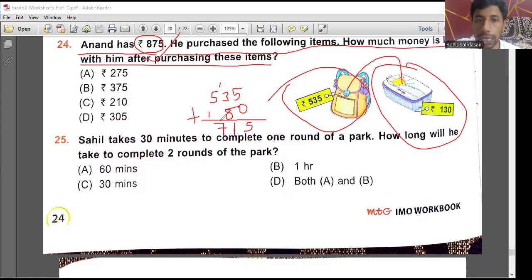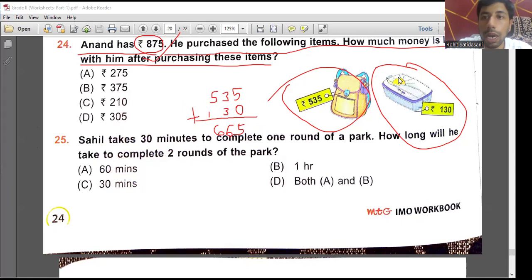Actually, it's not 180, it's 130, right? Yes, I'll make the corrections here. 130. 5 plus 0 is 5, and 3 plus 3 is 6, and 5 plus 1 is 6. So total 665 is the total amount which he spent on a bag and a tiffin box.